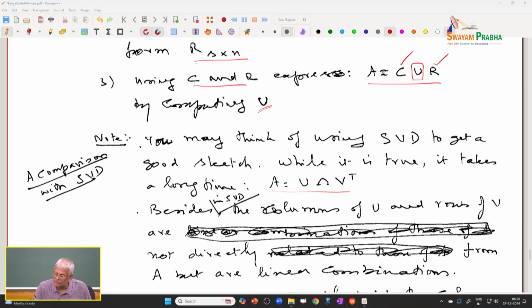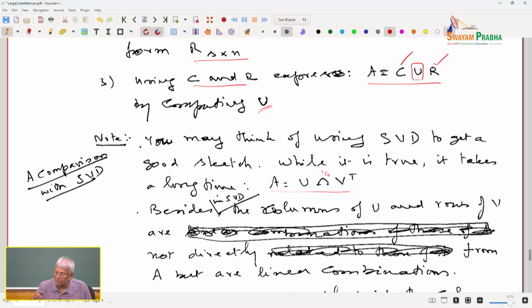I should say, in our notation it is lambda to the power half, just to be consistent with the previous notations. So, lambda to the power half is the singular values of A, which are the square root of the eigenvalues of the smaller of the two Gramians.